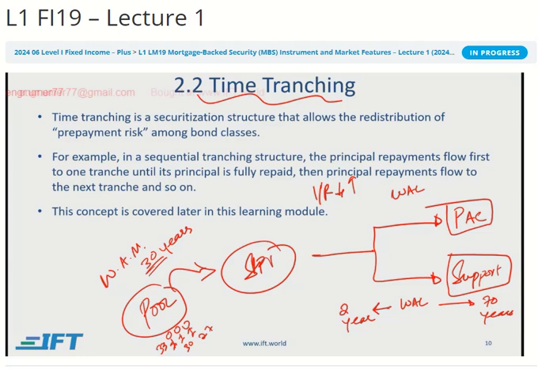But the planned amortization, the PAC tranche, we will protect them and we will give them the payments as expected. The amortization here is planned. So the support tranche protects the PAC tranche from any kind of expansion or contraction risk. And we will cover this in a little more detail shortly.